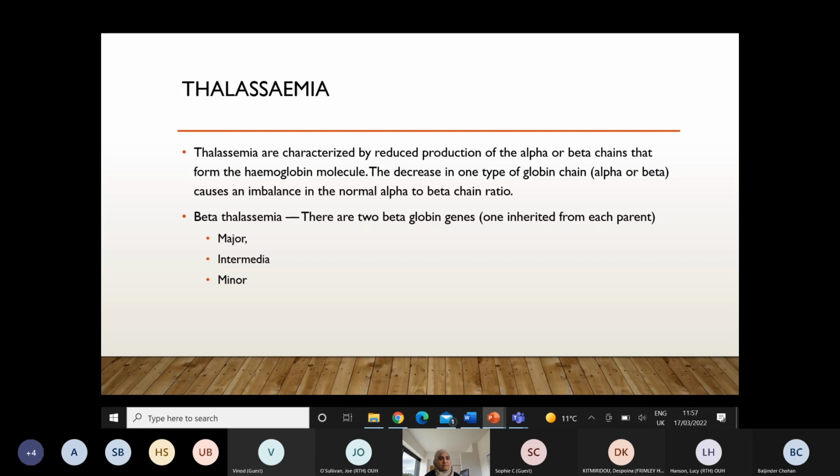That was new to me as well when I was reading. That has a slightly milder disease, but it is not very common. When you have one defective gene from one of your parents, it is minor, called thalassemia minor or carrier state, which is quite common.